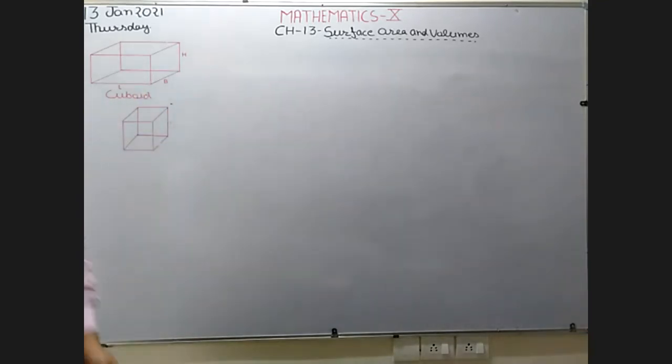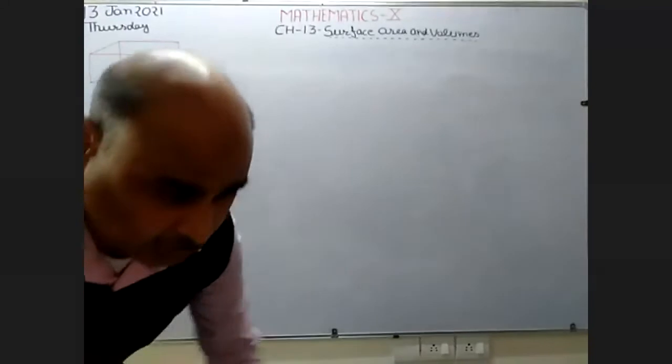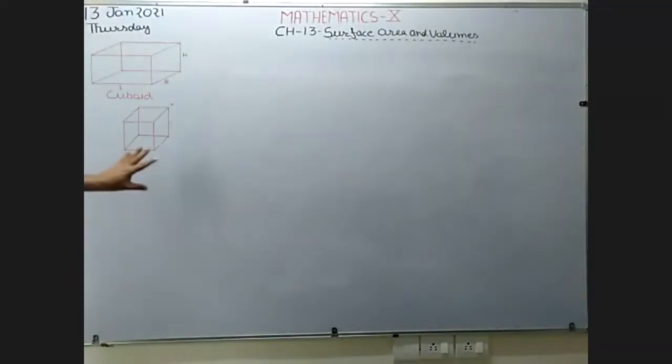See first figure. Suppose this one is your cube. This one is your first cube. Now I'm going to form one more cube here because in question two cubes are there.